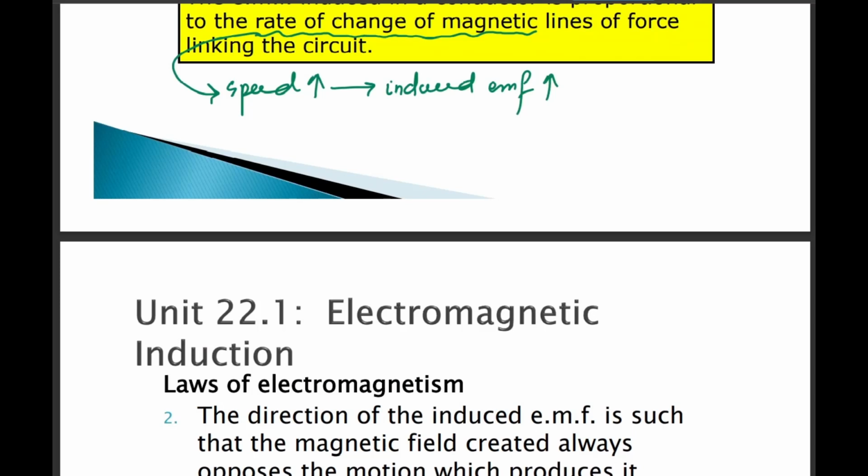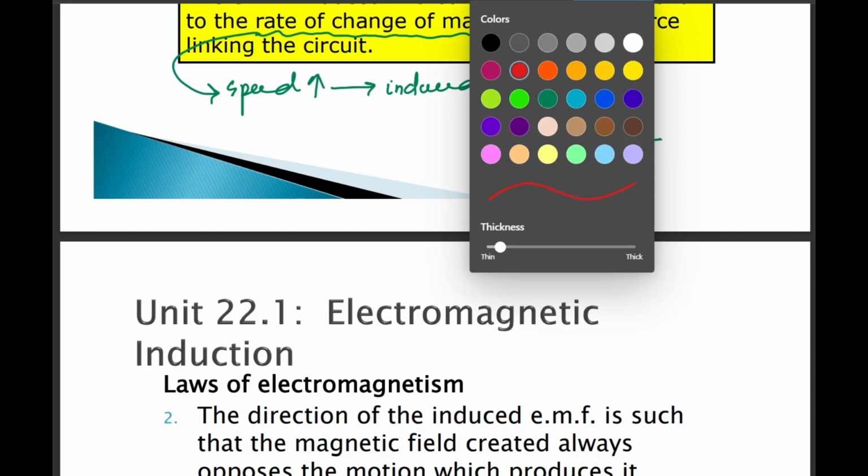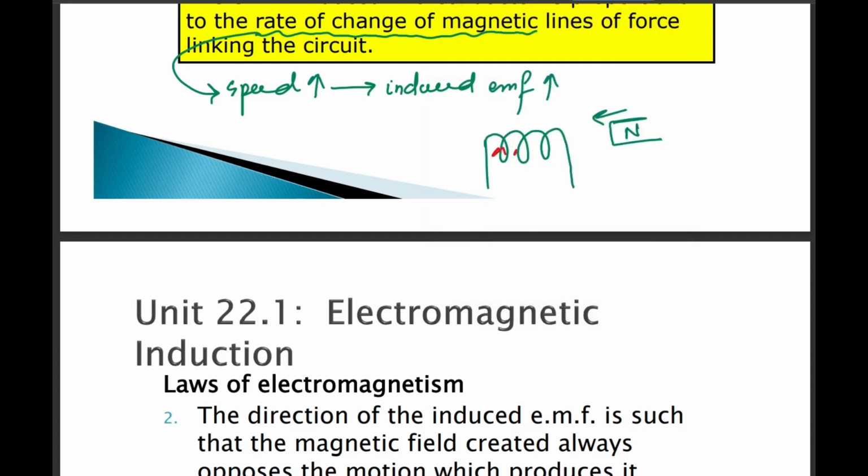If you try to bring a north pole closer to it, this action will of course cause a flow of current in the circuit, as established by Faraday's law. But this current will be in such a direction that if I apply the right hand grip rule, it would indicate that there is going to be a north pole produced by this coil on this side.